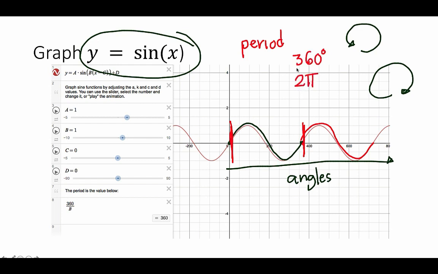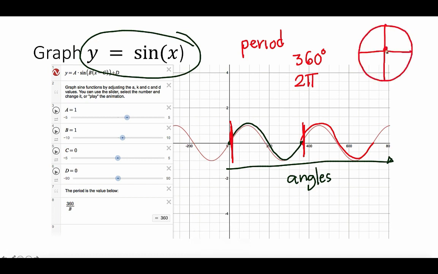Now, you might be asking, why 2 pi? Remember that when you have a circle, and when we let the radius of this circle to be 1 unit, then what is the circumference of the circle? The circumference of the circle is computed by the formula 2 pi times the radius. Since the radius is 1 unit, then the circumference of a unit circle is 2 pi.